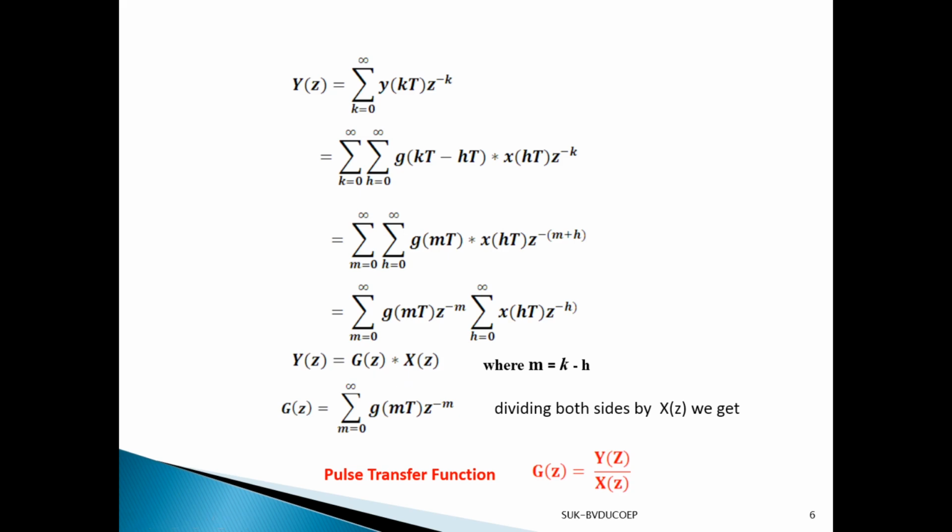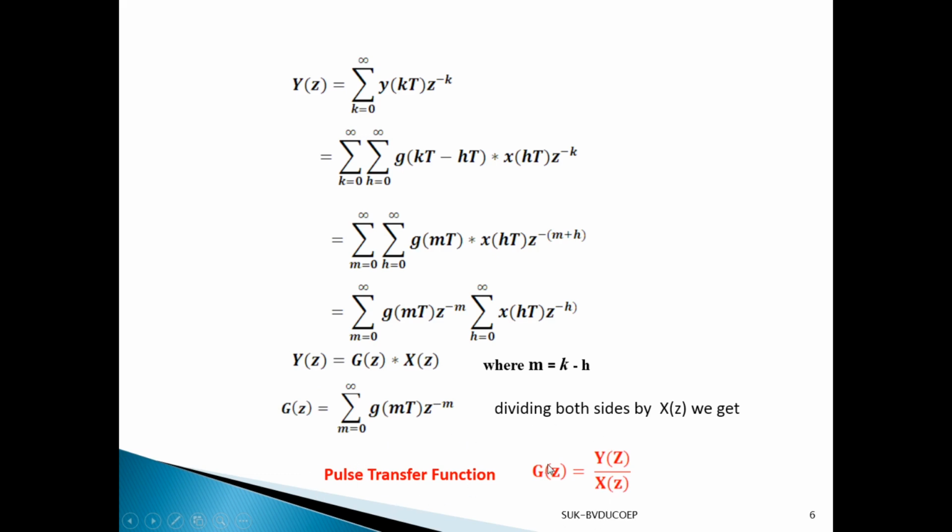So there, sampling instead, where m is equal to k minus h. Just now I have explained. Therefore G(z) is equal to G(m, T) z raised to minus m, and if you divide this by X(z), I get Y(z) upon X(z), and that is my pulse transfer function.